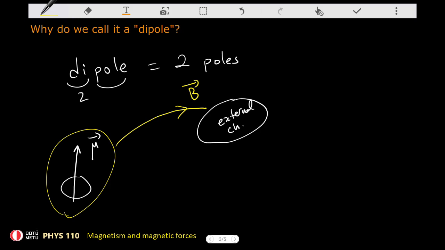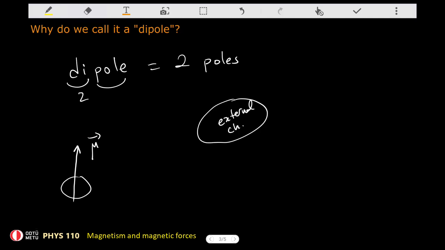So there are actually two magnetic fields produced. One is produced by these external charges, and one is produced by my system. So this basically tells us that this magnetic dipole can also be thought of as the source of a magnetic field. So let me erase these. This is a source of magnetic fields actually.